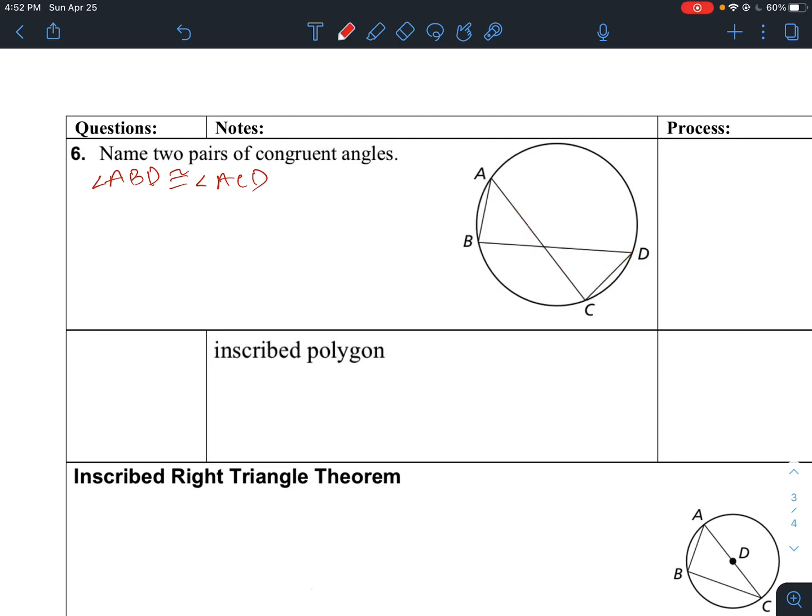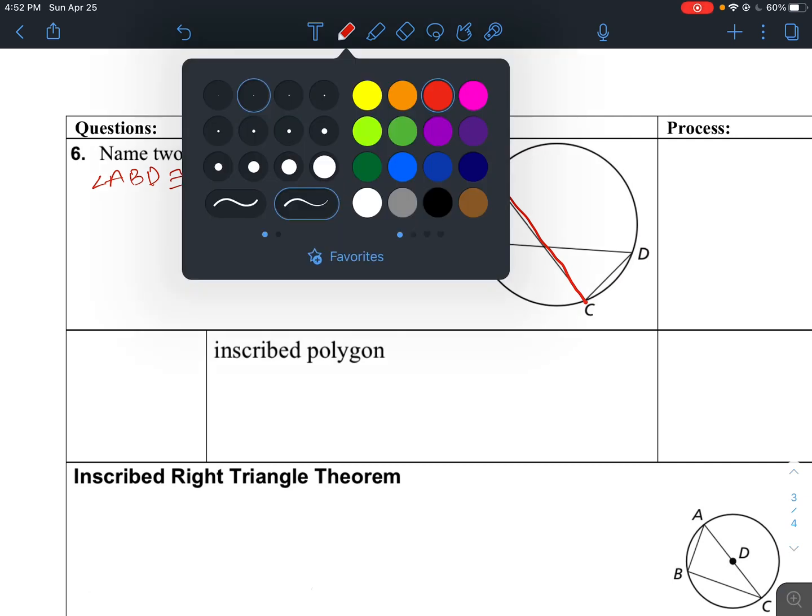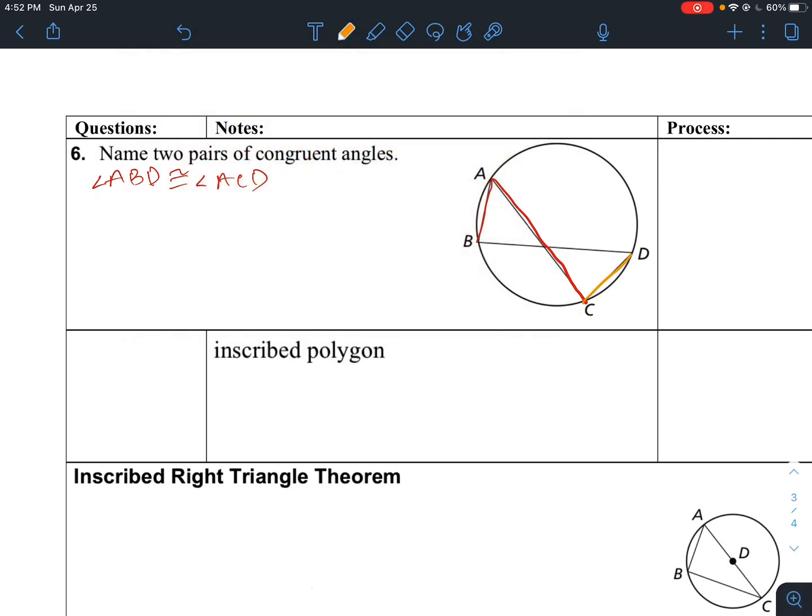Let's see, BAC. So BAC, this one also shares an intercepted arc with this angle right here. So we could say that angle BAC is congruent with angle BDC. Okay, so those are two pairs of congruent angles.